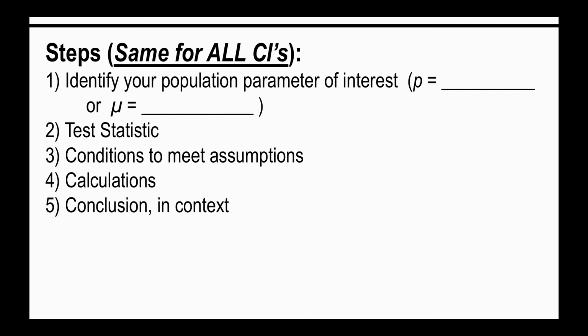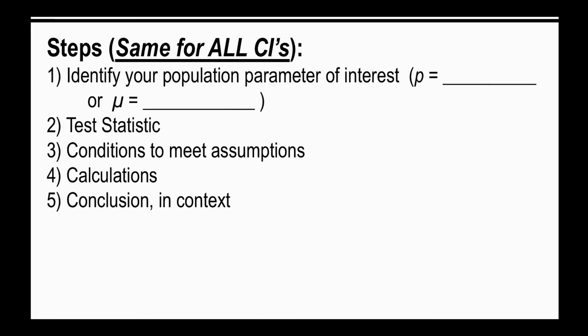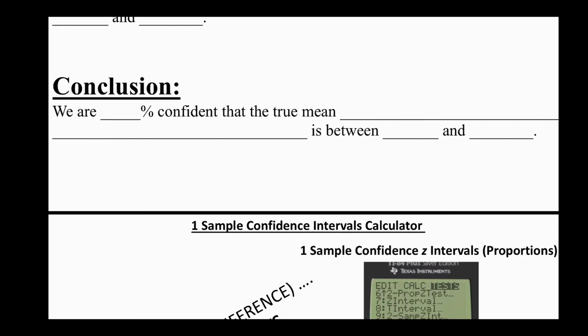So with confidence intervals, it's the same 5 steps. Now, they're not going to look exactly the same. Number 1 is going to look different. Number 2 is going to look different. Number 3 is going to look a little different. The third condition is going to look different. Calculations are still calculations. The conclusion is the same. Scroll down a little further, it's the same conclusion.